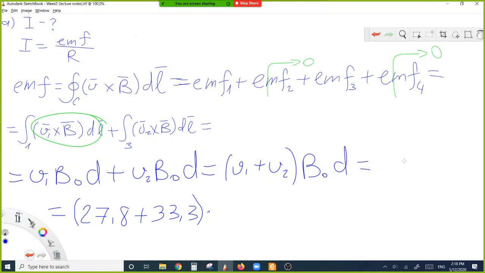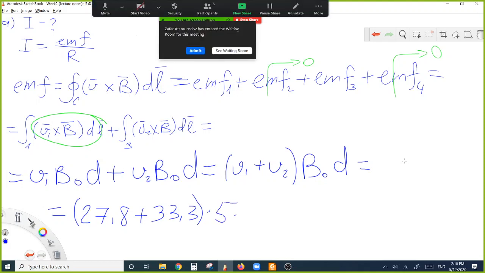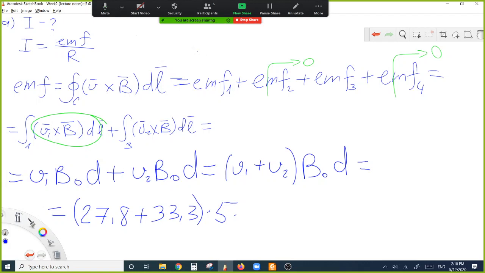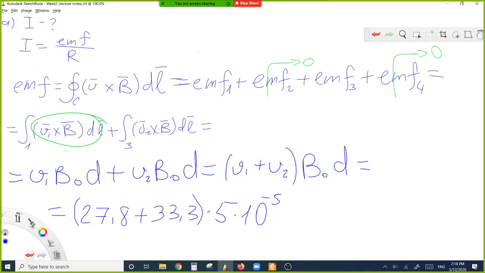Multiplied by b0 was 5 times 10 to the power minus 5, and d was 2 meters.